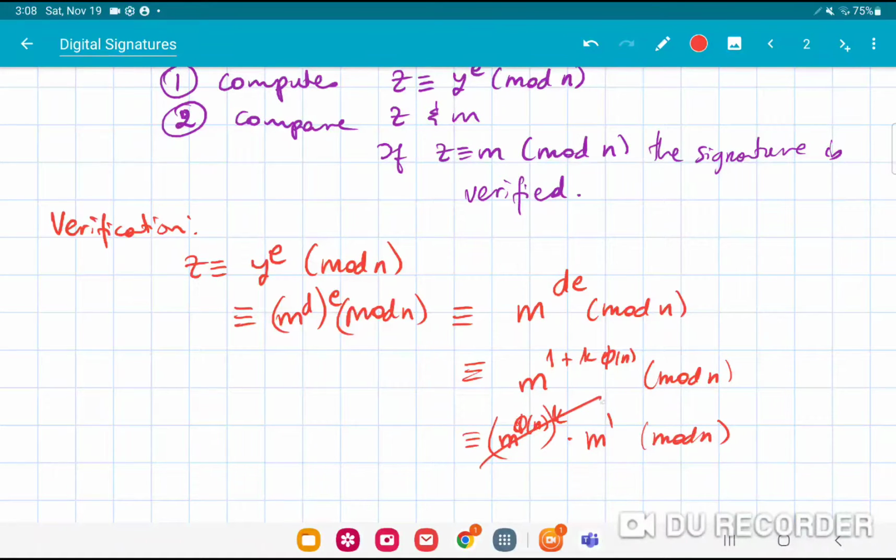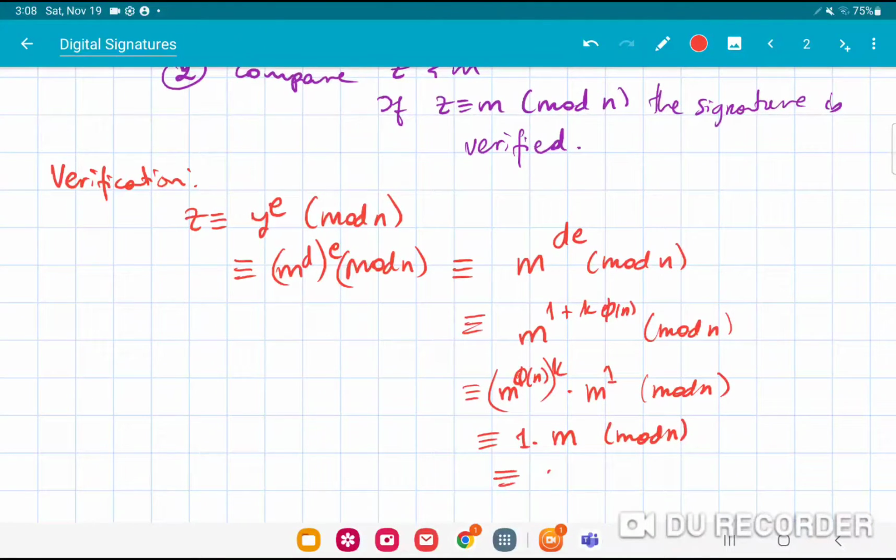So this is 1. 1 to the power of K is 1. M to the power of 1 is M. And that gives you M.